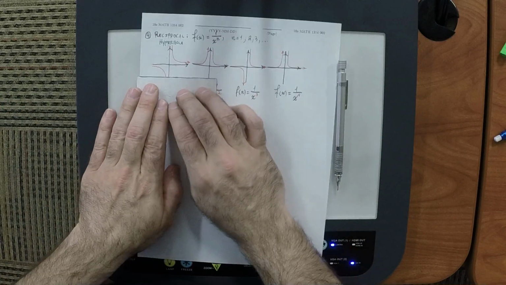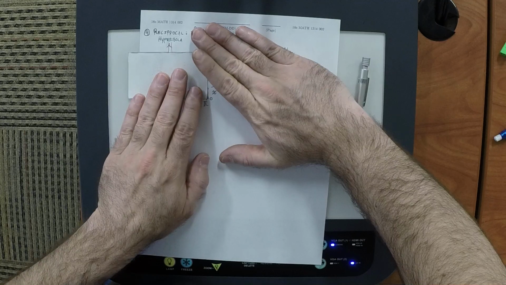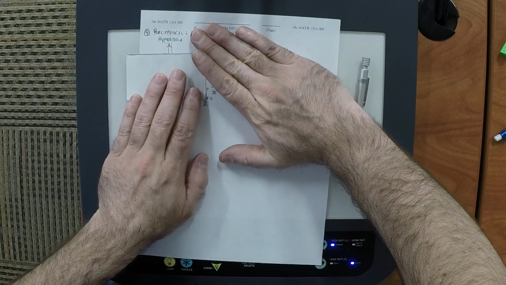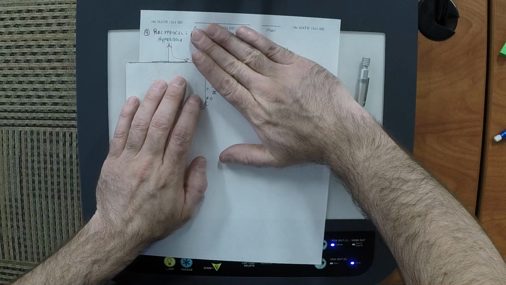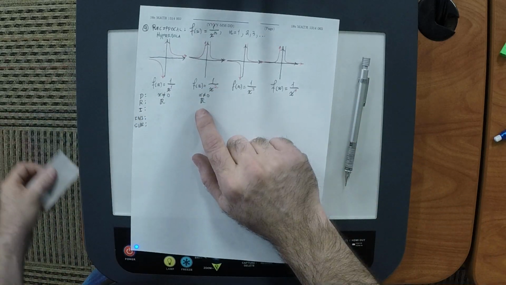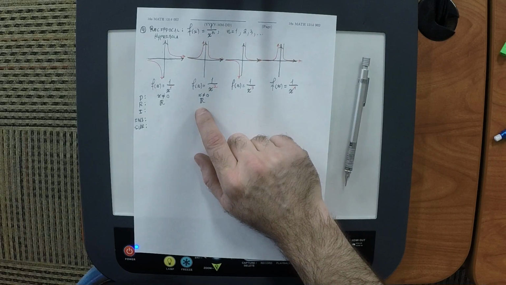Alternatively, notice that all the negative y values have an intersection, all the positive y values have an intersection, but 0 does not have an intersection. Yes? For the second one, why is the range all reals if they don't go below 0? Because the rule is that if the range is not explicitly specified, the range is all reals.